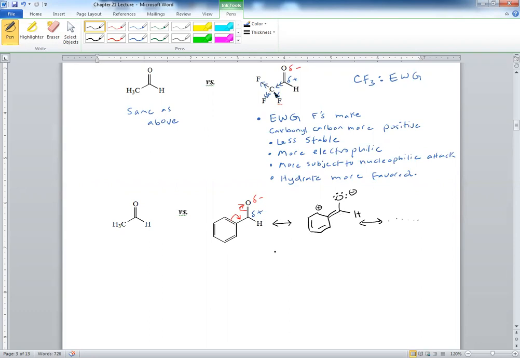So in this case, this is a resonance stabilized carbonyl carbon. If it's resonance stabilized, it's more stable. And that equals less electrophilic.